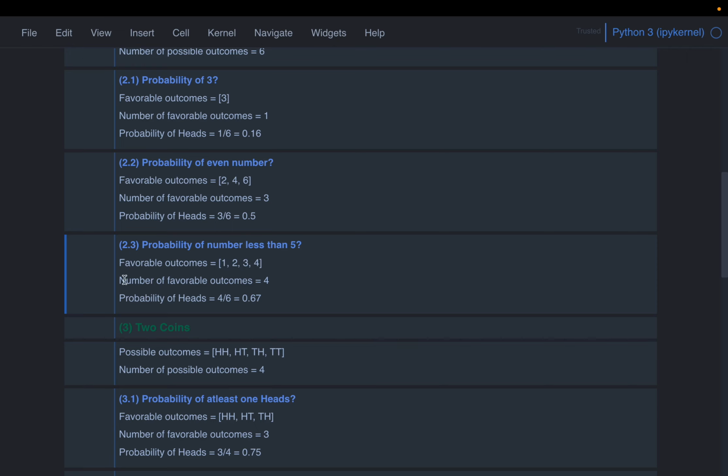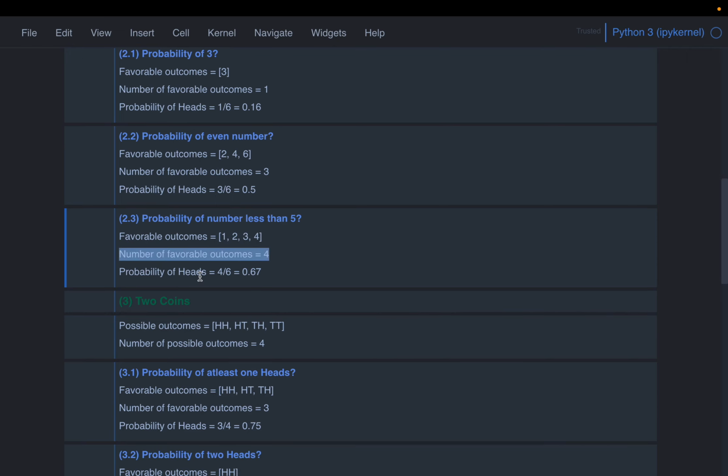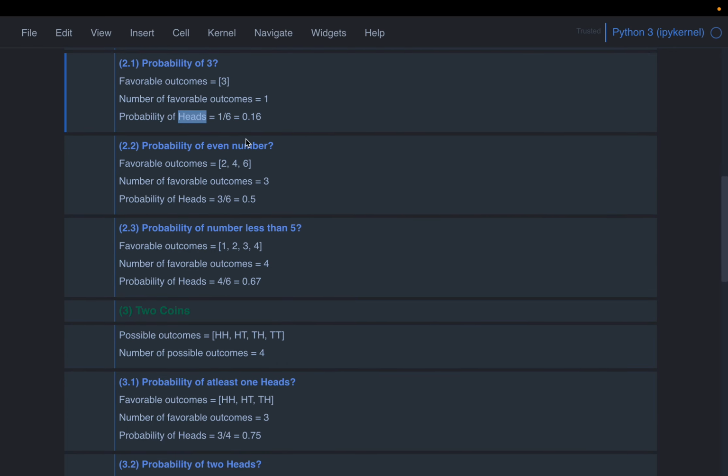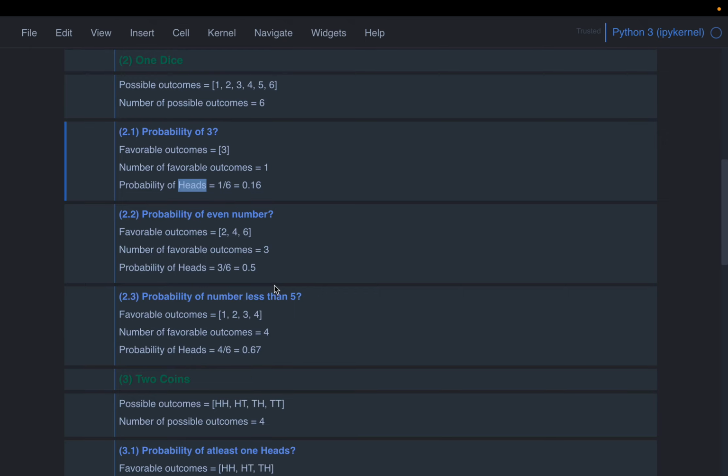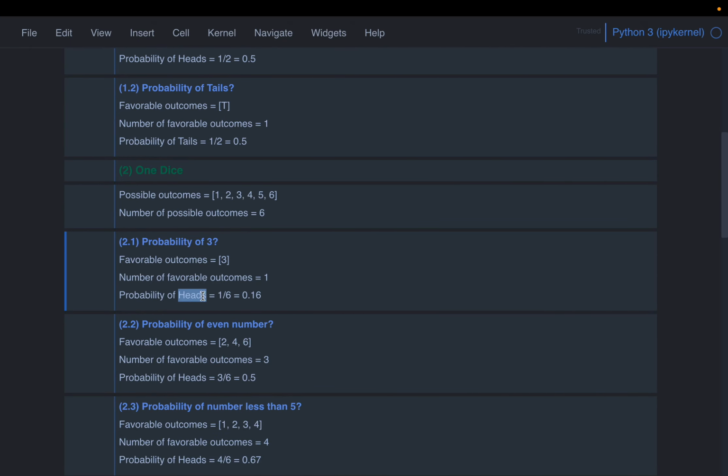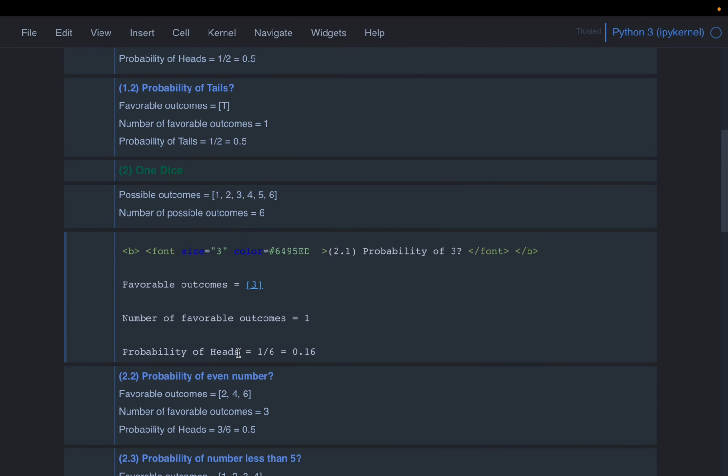So the number of favorable outcomes is 4. Sorry, this is not heads. I should have updated the text. But the probability is 4 over 6, which is 2 over 3, about 0.67. Let me just correct. So this is the probability.